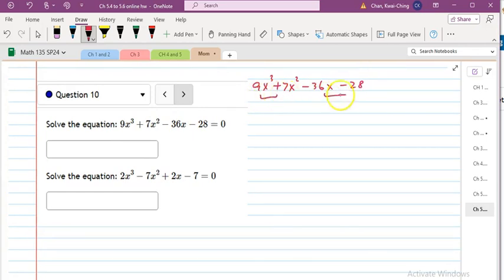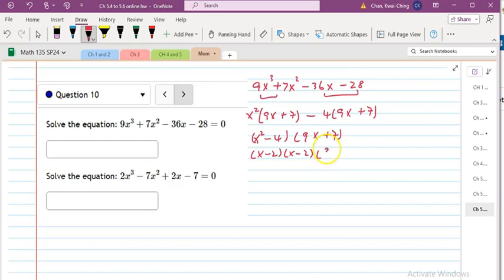So grouping: x squared times (9x plus 7) minus 4 times (9x also plus 7). And then we'll do x squared minus 4, because both of them are multiplied by 9x plus 7. This is a difference of two squares. We can factor x plus 2, x minus 2, and then 9x plus 7.